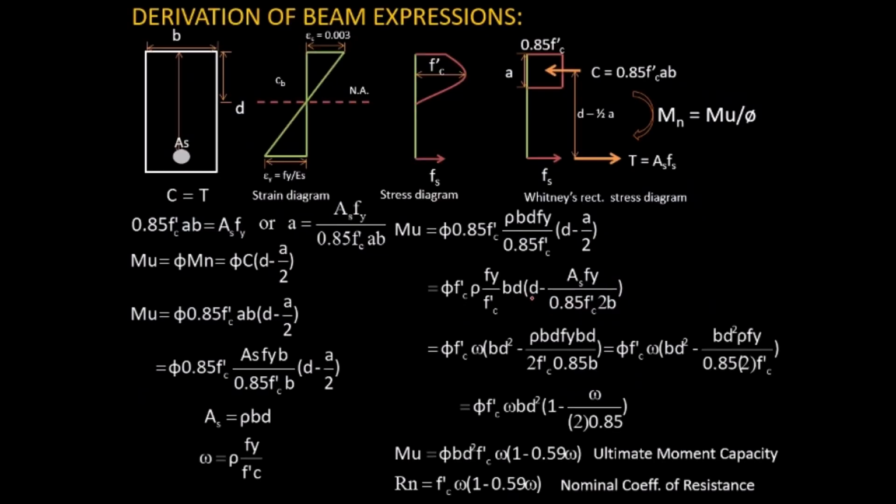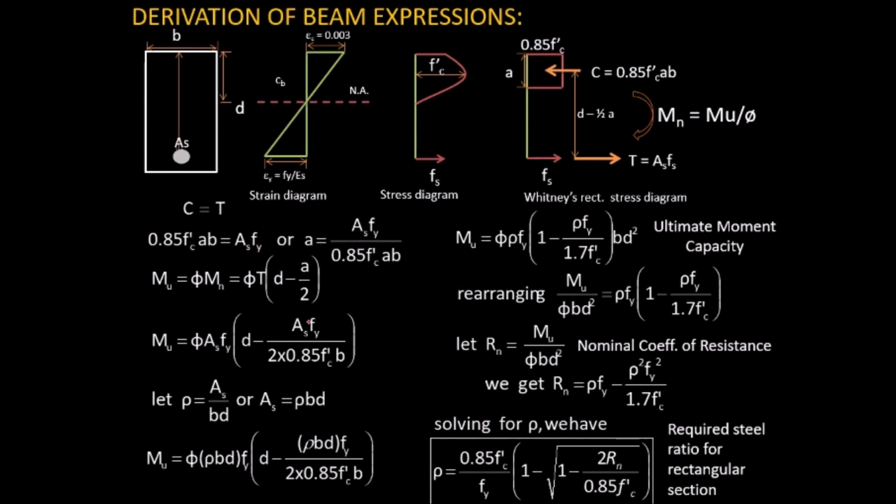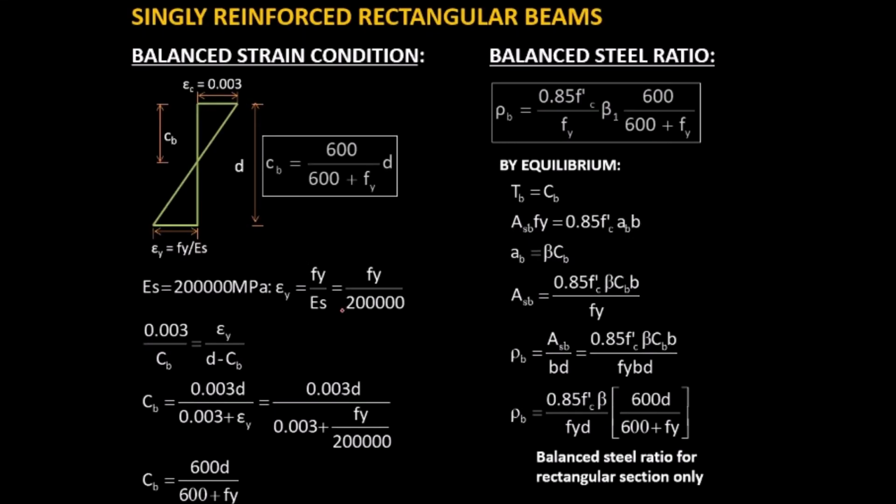Okay. Ngayon dito, ito yung derivations of beams questions natin. Meron na yun doon, diba? Basta ang tandaan nyo lang dito, hanggang sa equilibrium. Ang ginamit fy, ibig sabihin nag-yield, kaya sabi ko doon, huwag mong gagamitin yung formula yan kapag over-reinforced. Magkakamali ka. So ito yung mga derivation of expressions.